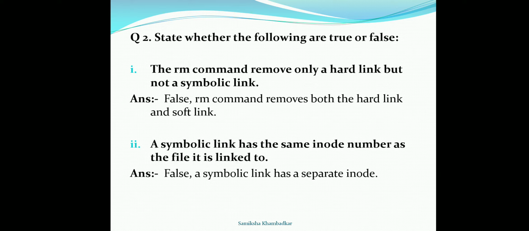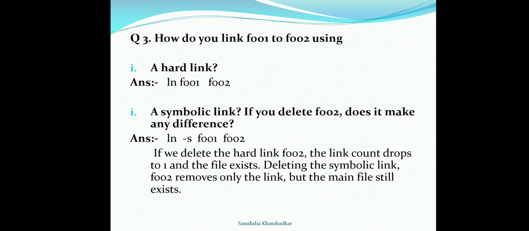Now our third question is, how do you link foo1 to foo2 using a hard link? Here foo1 indicates file 1 and foo2 indicates file 2. For linking we use ln.